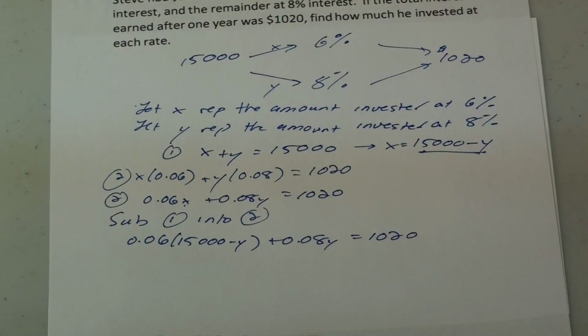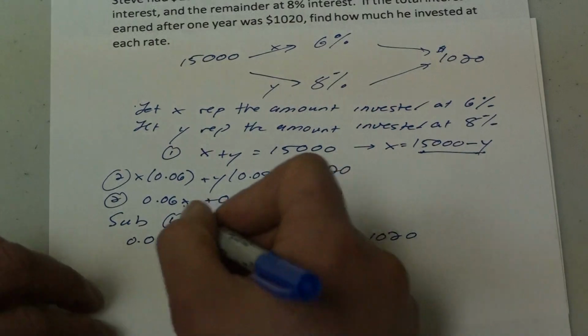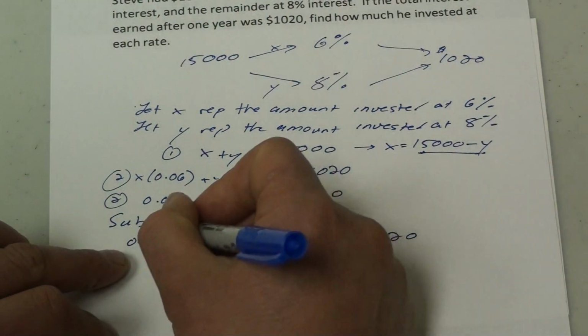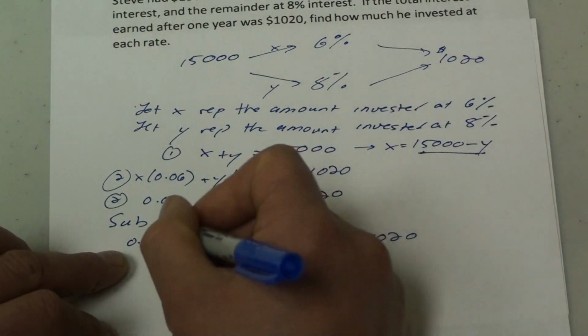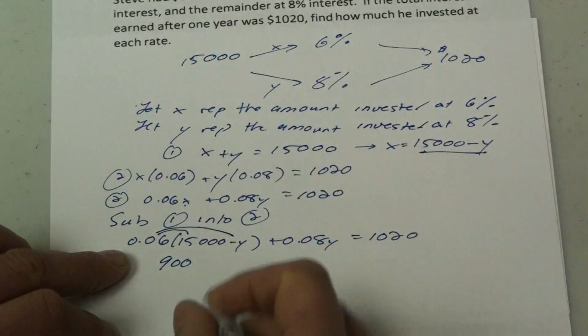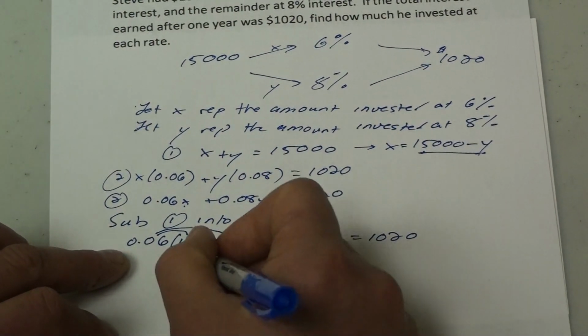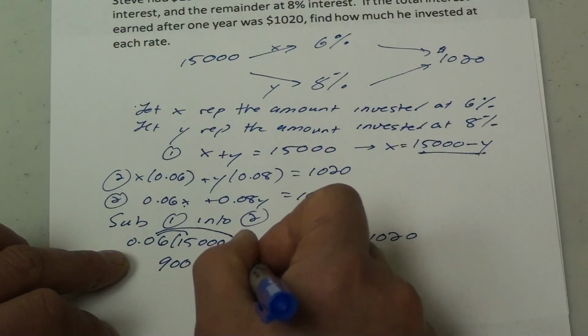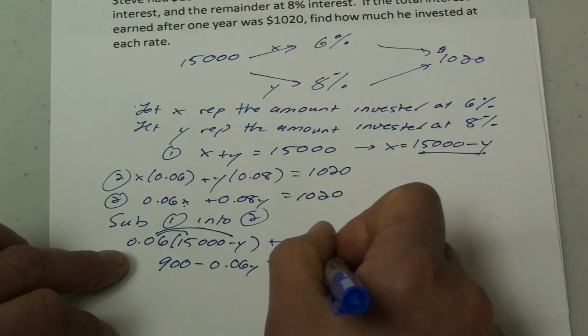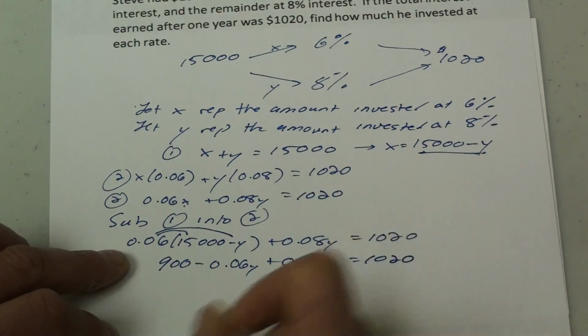So 0.06 times 15,000 is 900. I also have to multiply 0.06 by the other thing in the bracket, the y, so I'm going to have minus 0.06y plus 0.08y equals 1,020.